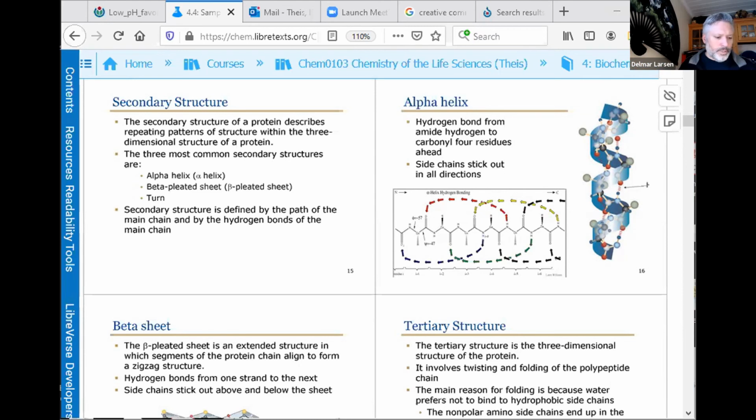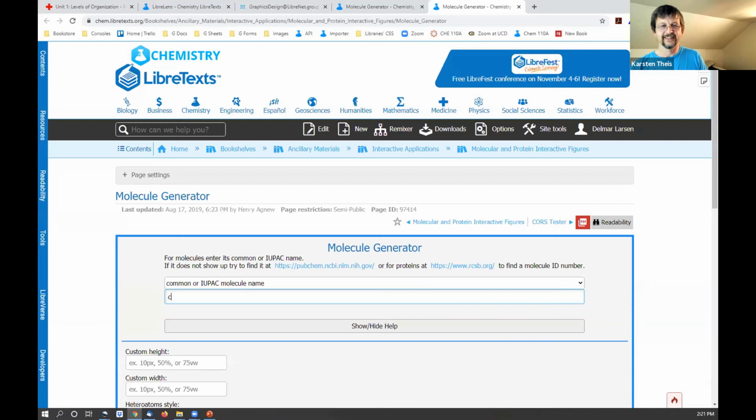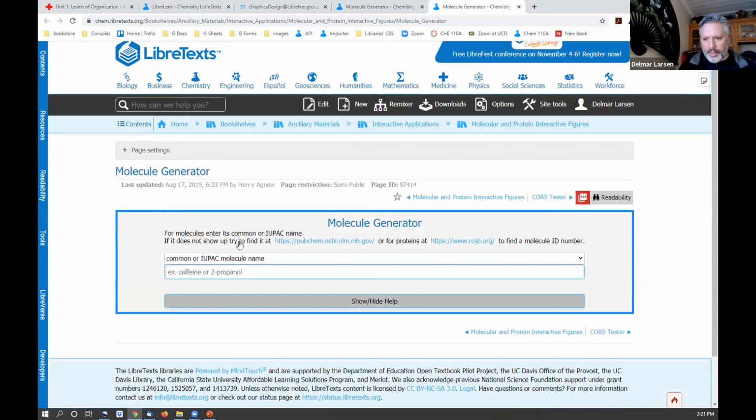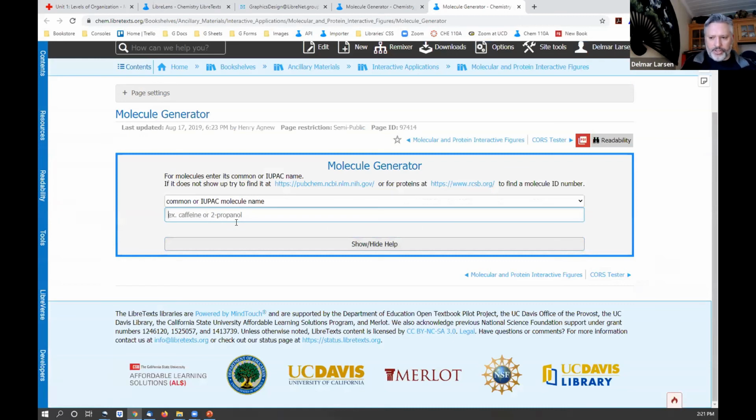Yeah. Let me share something that I put into the link that complements what you did, which is this molecular generator. Right. If I can just have a minute, but I can't share. Oh, there you go. So this taps into PubChem, and you can then pull it, and then it makes the JSmol really quickly.